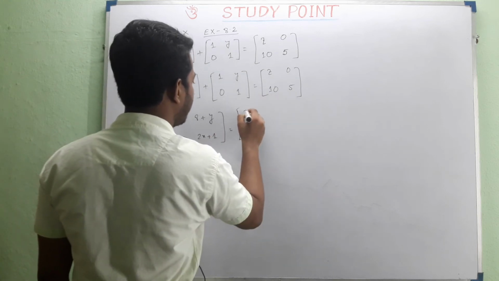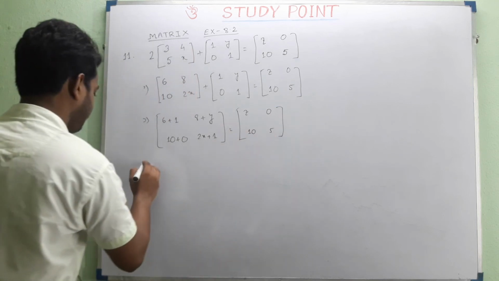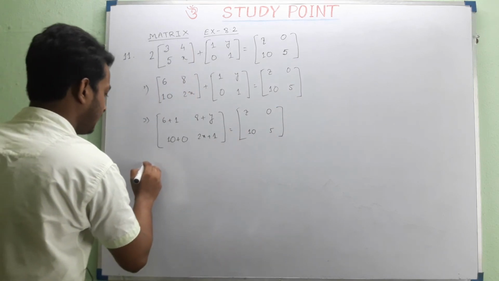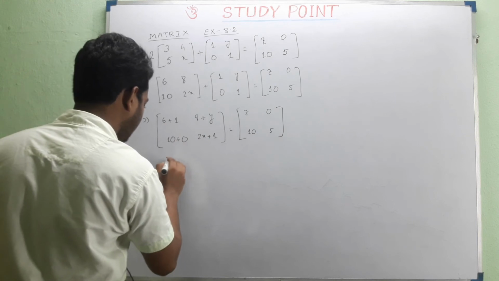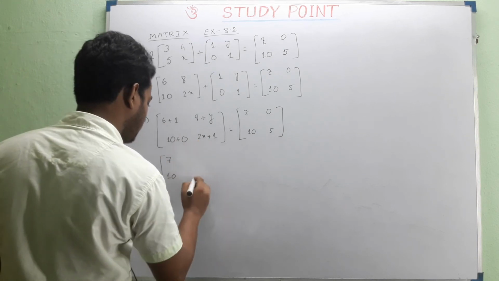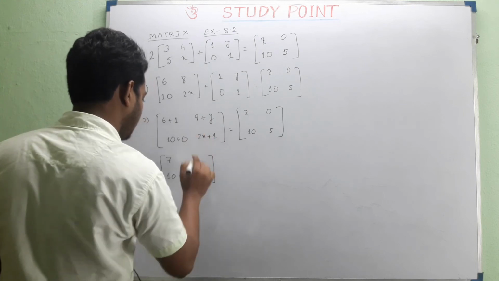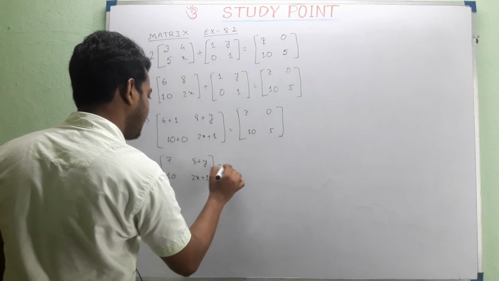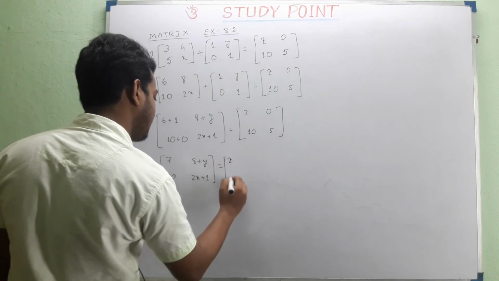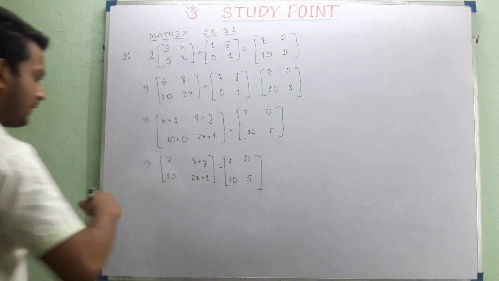And on the right hand side the same thing as in the previous line. Now 6 plus 1 is 7, 10 plus 0 is 10, 2x plus 1 it is not possible to go further, and it is 8 plus y, that is equal to z, 10, 0, 5.